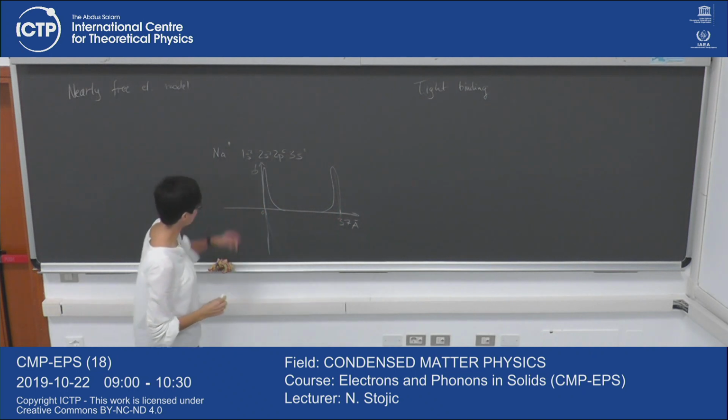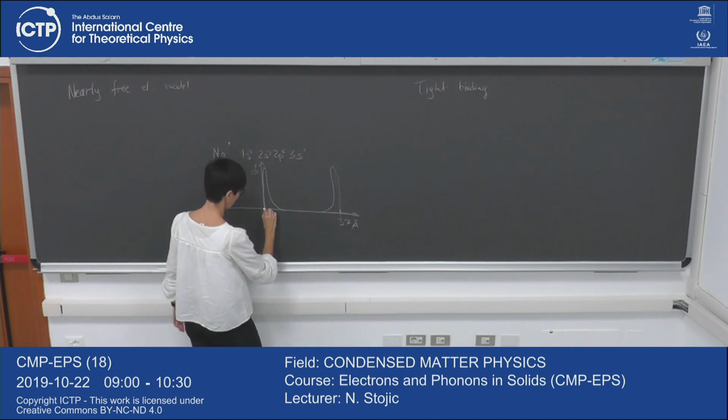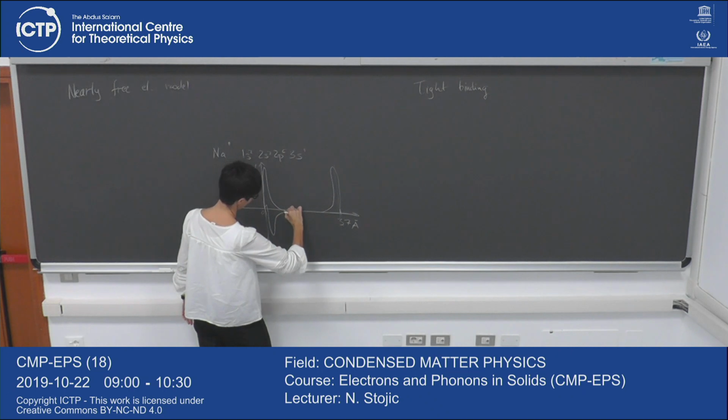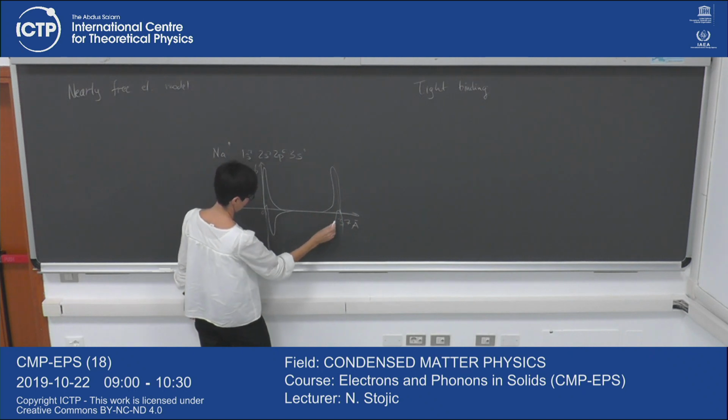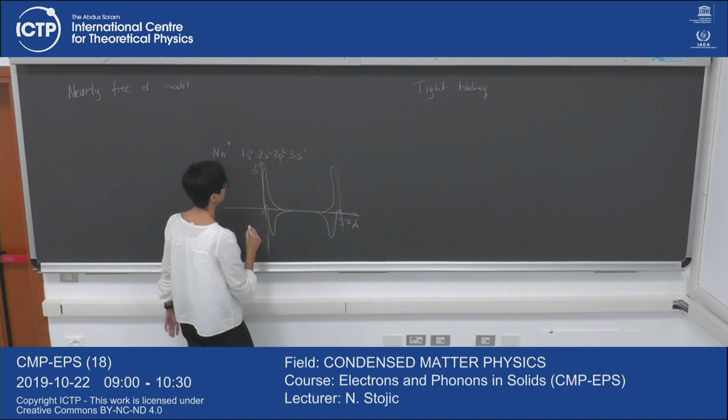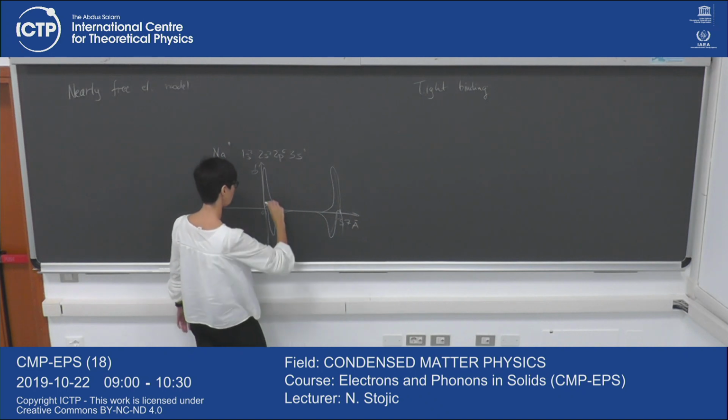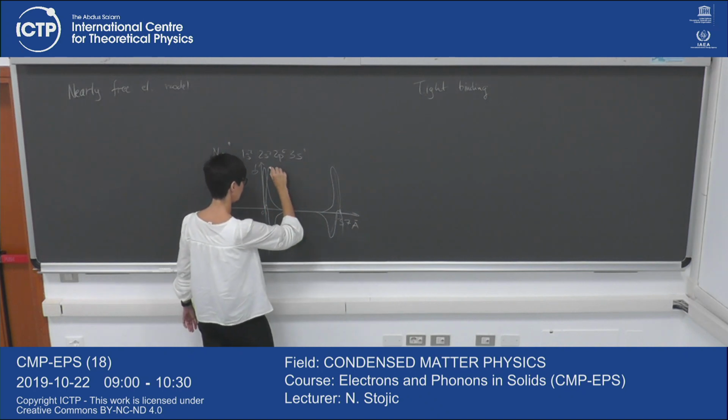And the 2s will have one node, something of that type, and extends a bit further. It's not easy to draw it. 2p has no nodes, but is extending more.